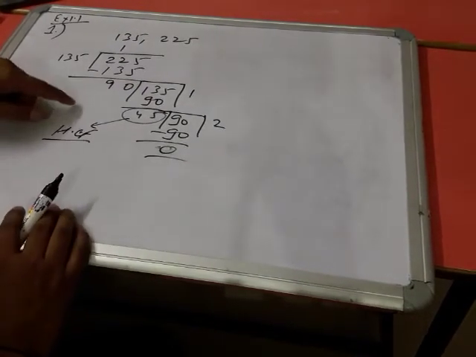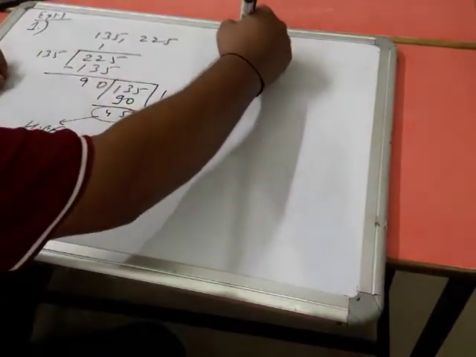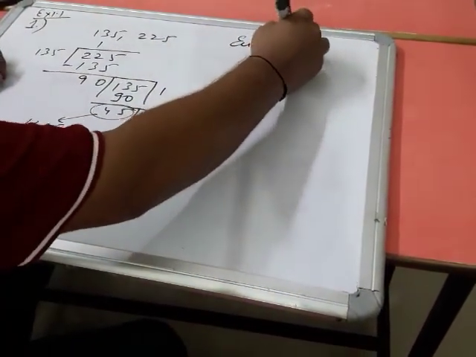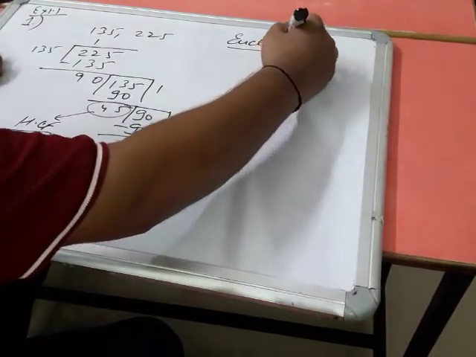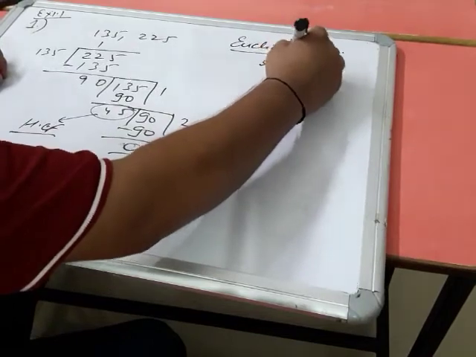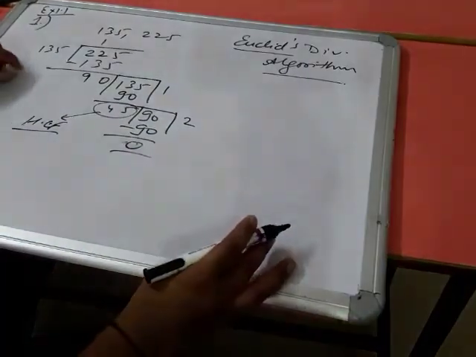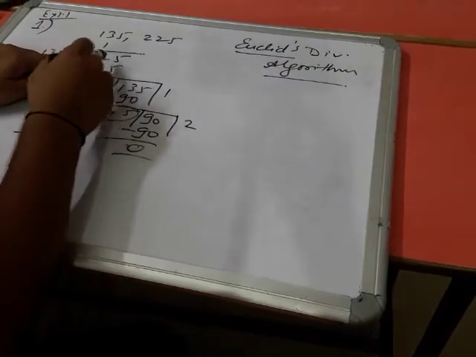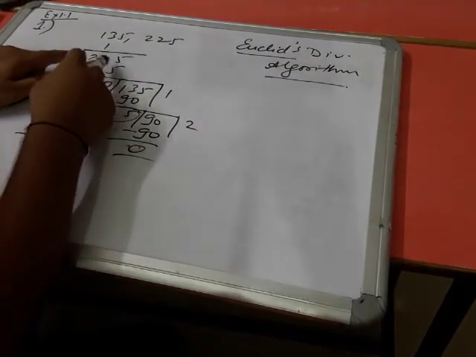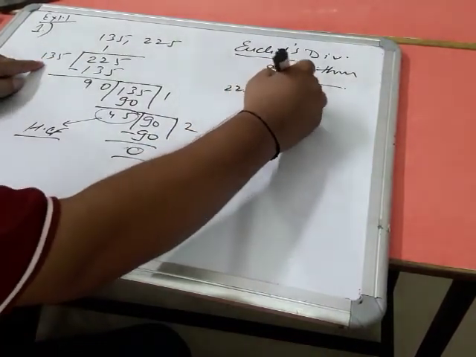But we don't have to write it in this way. We have to use Euclid's division algorithm. First of all we take the first division. What is the dividend here? 225. The divisor is 135.